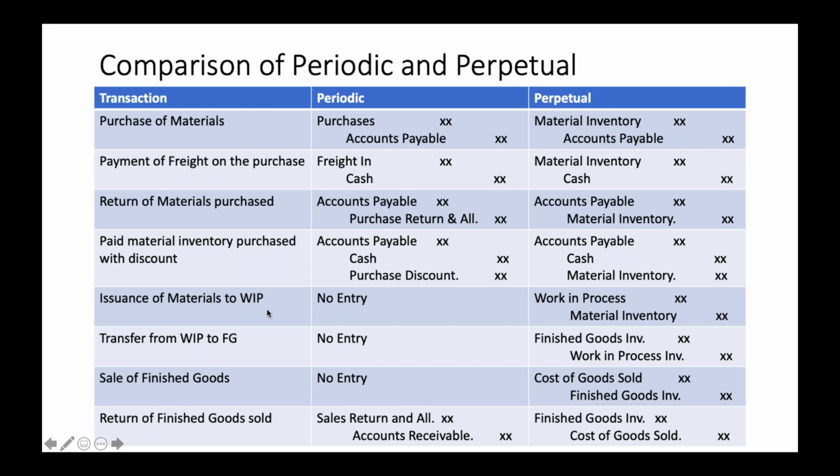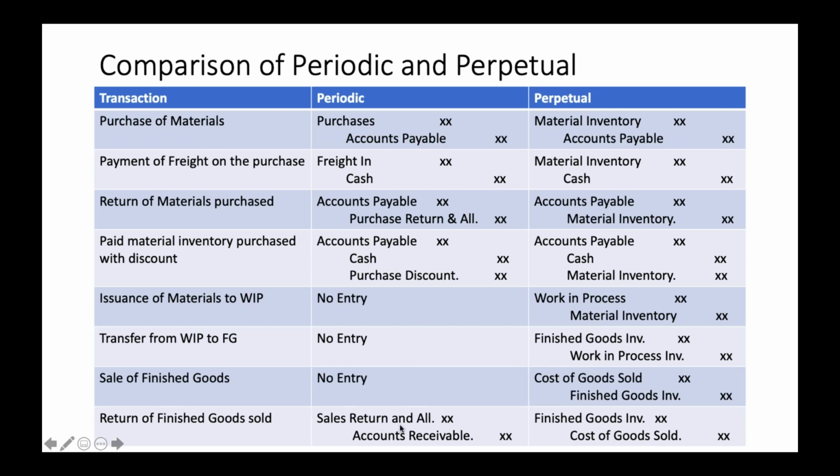Now, for issuance of materials to work in process, no entry for periodic. For perpetual, we use the normal entry that we have learned. From transferred from work in process to finished goods, and then sales of finished goods, no entries for periodic, while the normal entries that we have learned for perpetual.